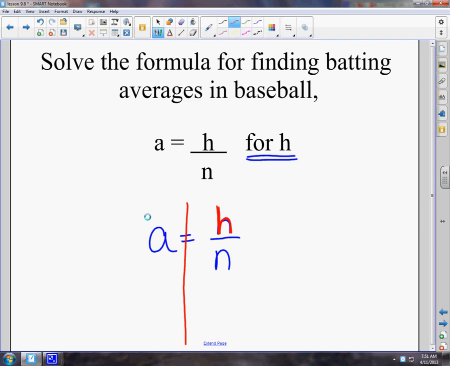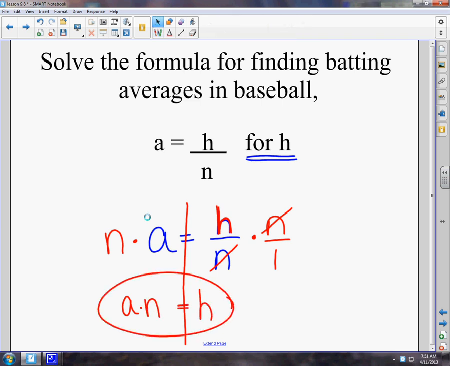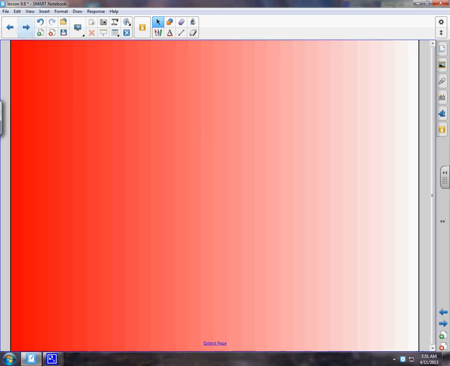This is division, so you do the opposite of division, which is multiply both sides by N. If I multiply by N, it looks like this, N over 1. That means I have an N on the top and an N on the bottom, and I get A times N equals H. All right, that is it for your notes.